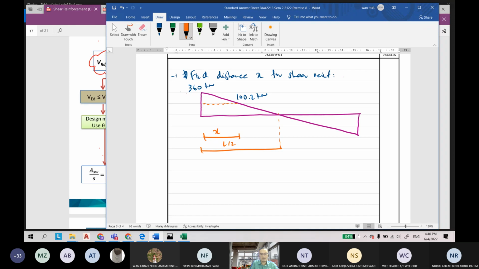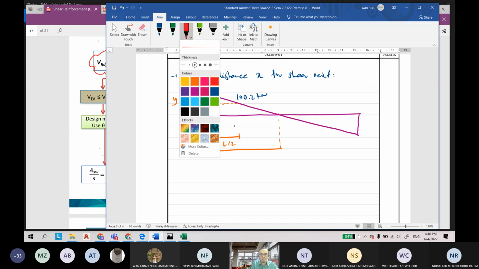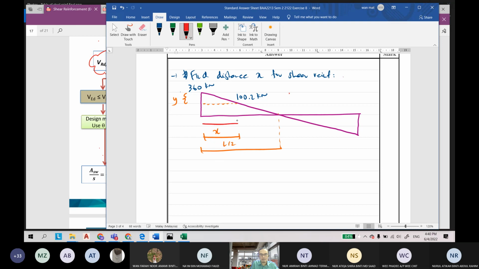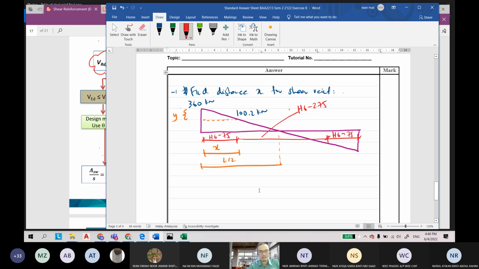Then we assume here is Y. To find the value of X, from here to here we can use H6 75, and from here to here the X is equal because the beam is similar. So here also H6 75, but at the midspan we can use H6 275. We can save the cost there.